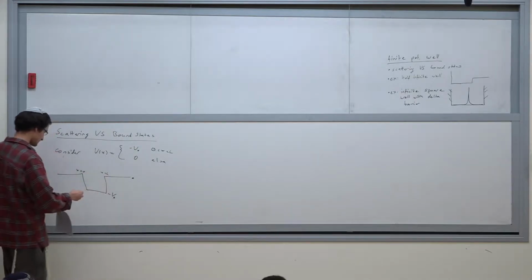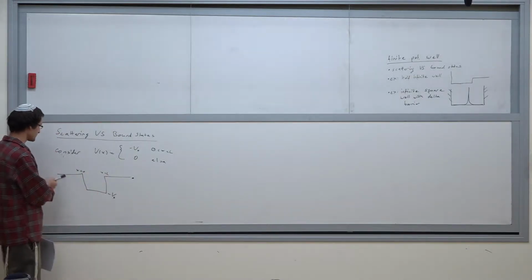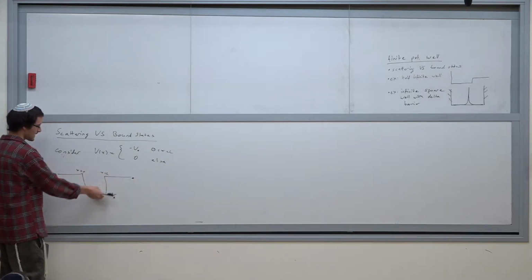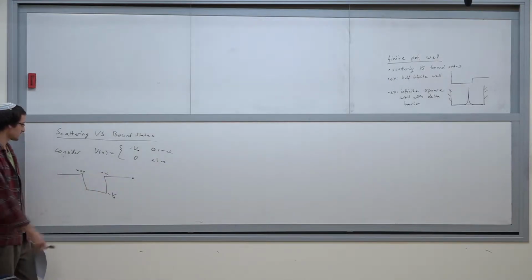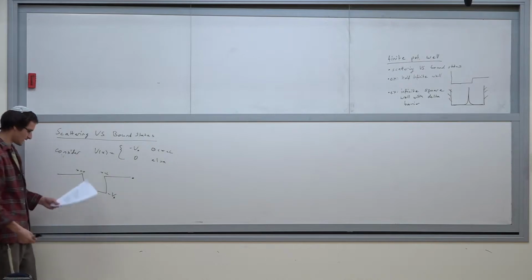This is a finite well. The potential is 0 outside the well, and it is minus V0 in a certain area between 0 and L.